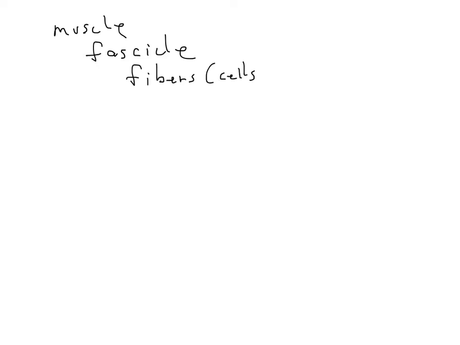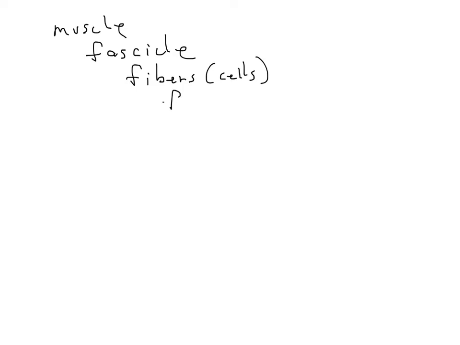You should know a little bit about your sarcomere. Recall your hierarchy, that a muscle is made up of bundles of cells called fascicles. Fascicles are made up of a large group of fibers, which are the individual cells.